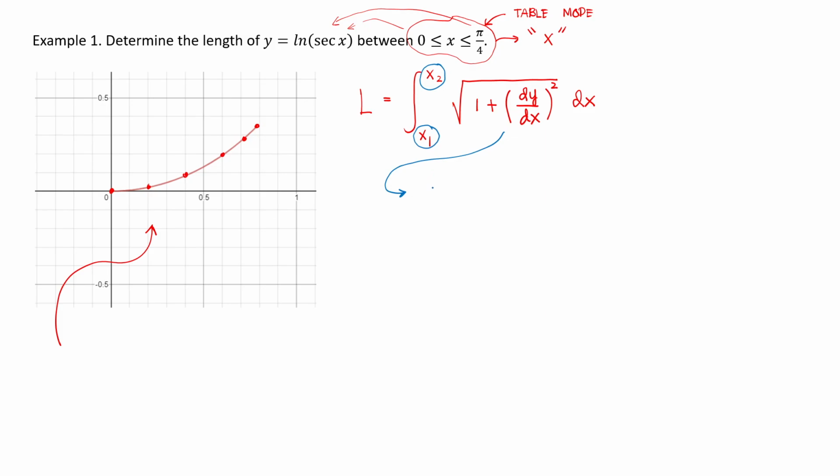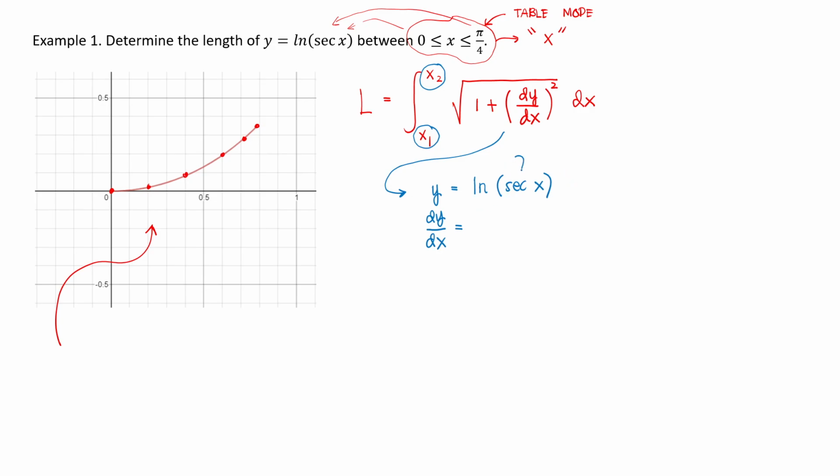To start off, we're going to first put the equation here. y is equal to ln secant x. So that's the value of your y parameter. As per basic calculation of derivatives, we're going to get dy over dx, the derivative with respect to x. This is the time that we're going to derive your ln secant x. As per the derivative of ln, that will be du over u.